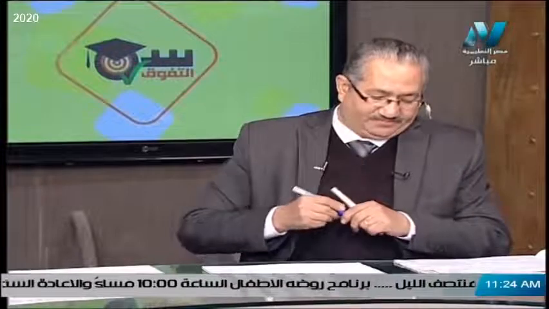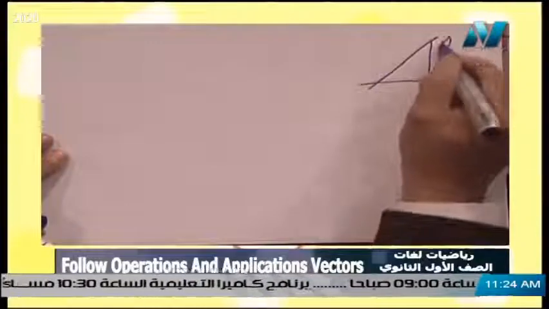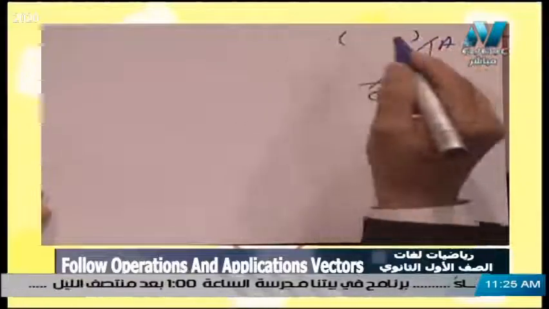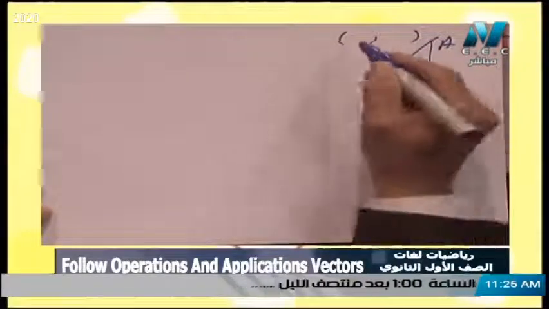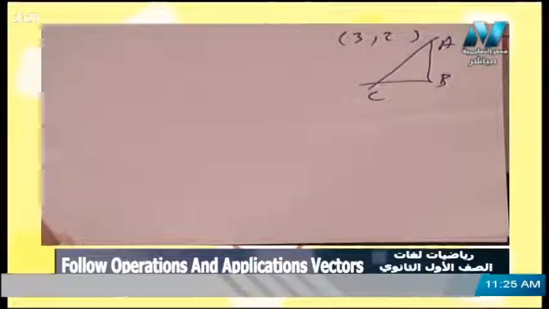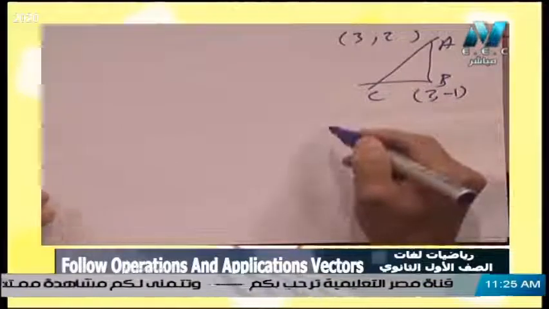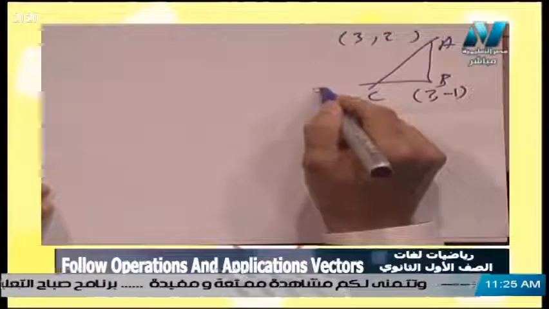Okay, my dear students, we now have a question about a triangle. I think it's now easy for you to prove that a triangle is a right angle triangle at any vertex. So we have a triangle ABC, with A equals 3 and 2, B is 2 and negative 1, and finally C is negative 4 and 1.